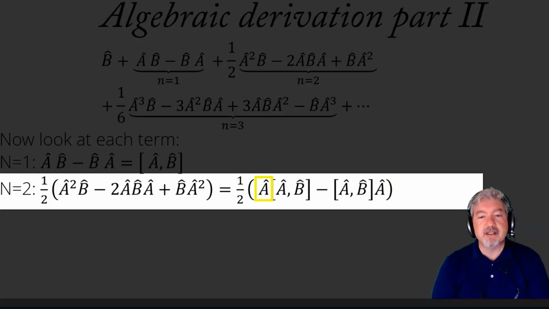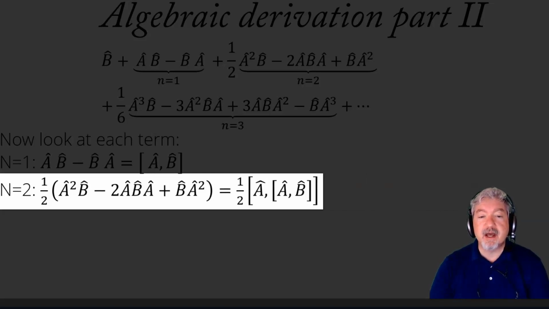Now look carefully at this. I have an A multiplying on the left of the commutator AB minus the commutator AB with an A multiplying on the right. And indeed, that is another commutator. It's a nested commutator now of A with the commutator of A with B. And so we've now verified the second order term.